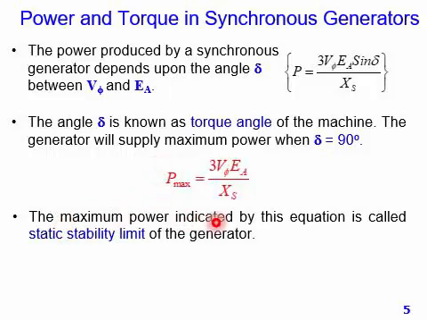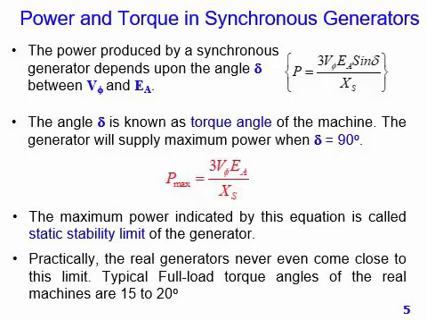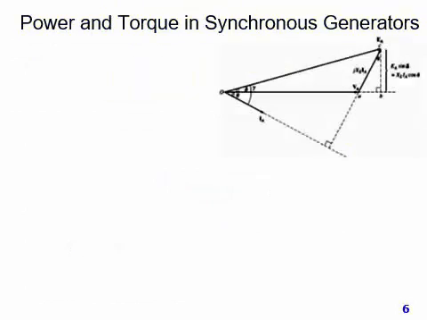The maximum power indicated by this equation is called the static stability limit. Practically, real generators never even come close to this limit. Usually they have an angle of 15 to 20 degrees.